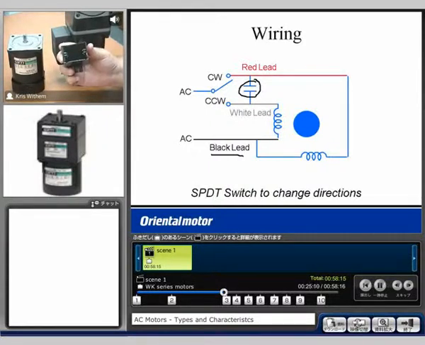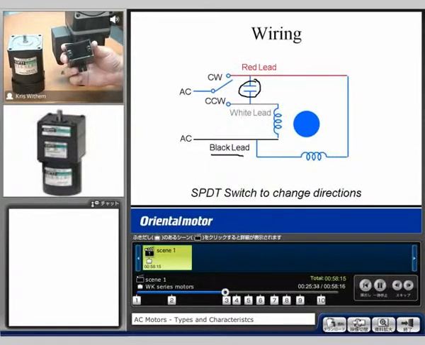So for our motor, we would have the lead wires come out. The black lead wire would go from the motor to the line voltage in. We would then put a red wire here and a white wire here. Depending on the rotation needed, you would then take the neutral line from your power supply and either put it to the red or the white, depending on the direction that you needed to have.